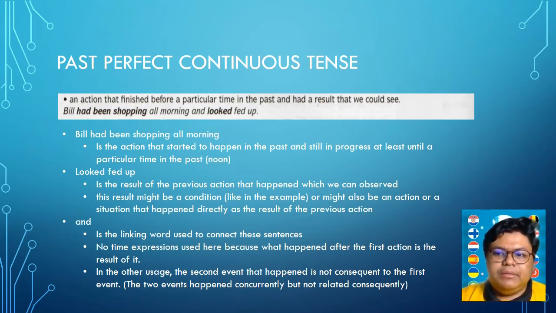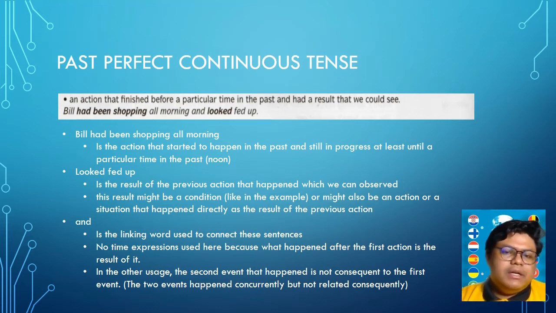Okay, the linking word used to connect this sentence. No time expressions used here because what happened after the first action is the result of it. Okay, maksudnya ada hasil kepada yang first action, sebab tu kita gunakan and. Okay, in the other usage, the second event that happened is not consequent to the first event.